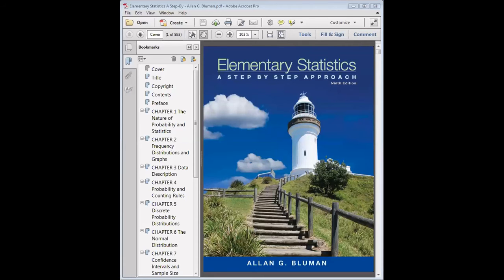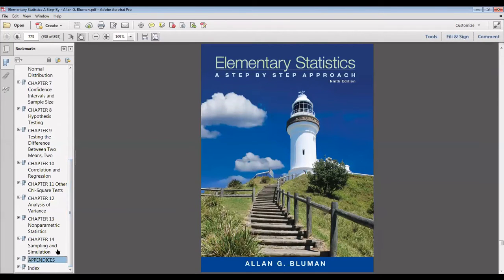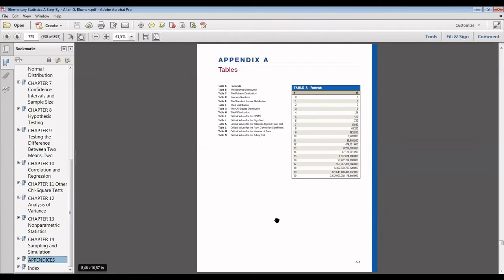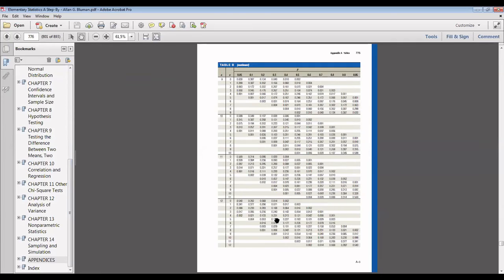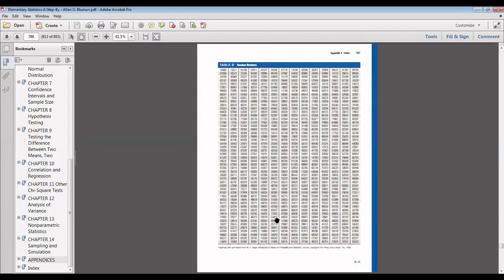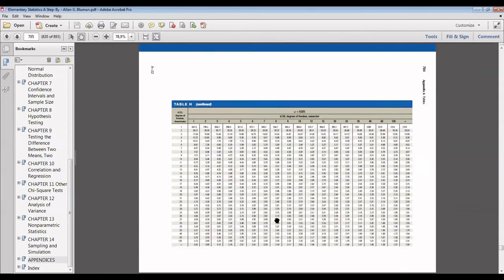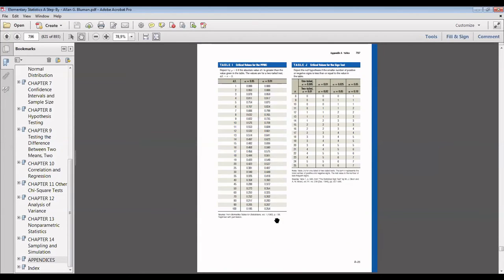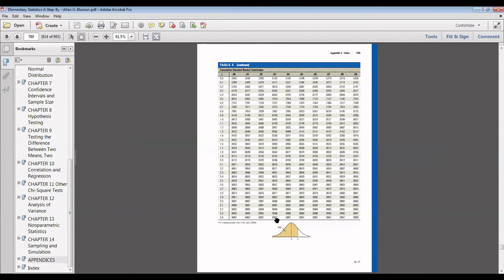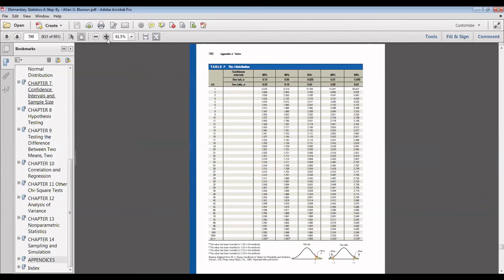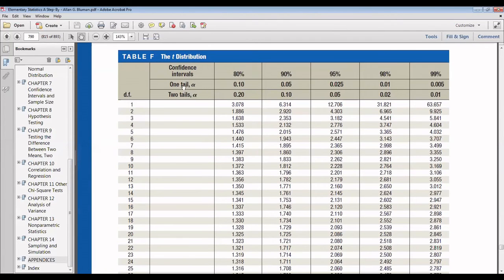Okay, I'll share my screen again. And we try to find the critical t. So, anong table yan? The t distribution. Okay. So, yung hinanap ko kanina, one tail, 0.05, and degree of freedom 8.